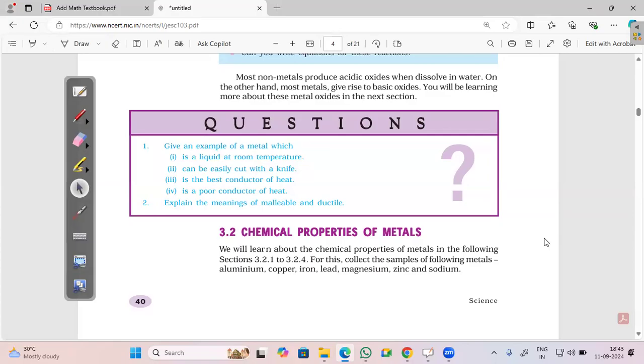So these are the properties which we will be looking for.